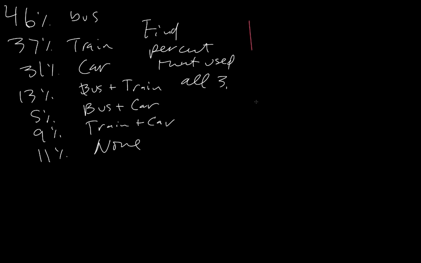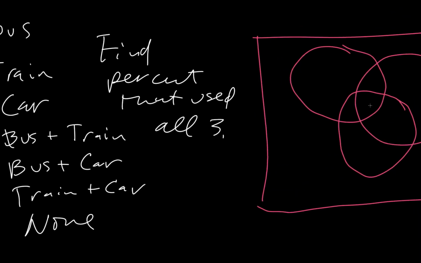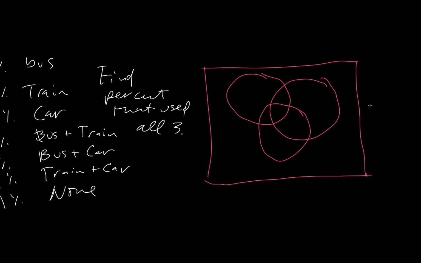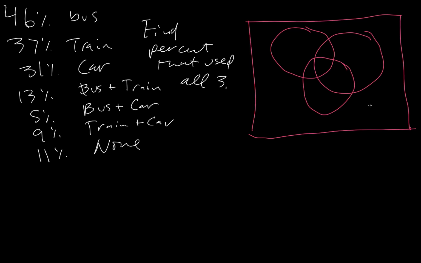So we're going to just assume this is out of 100%, and we're basically going to drop those percents and not worry about it. So out here, we know there's 11 because there's none. So 11% stay out there.